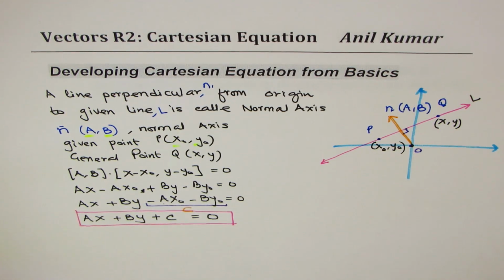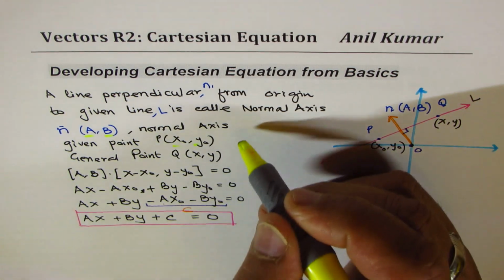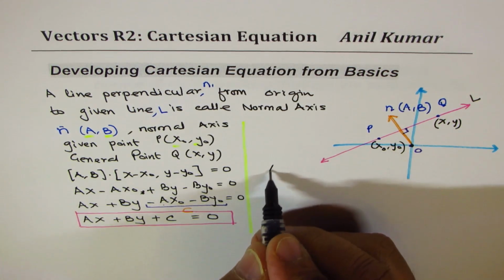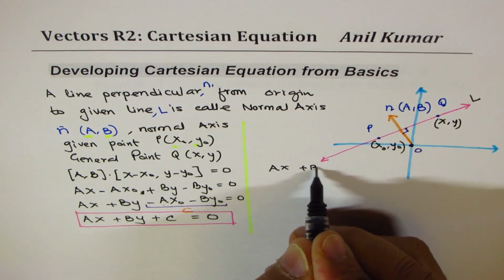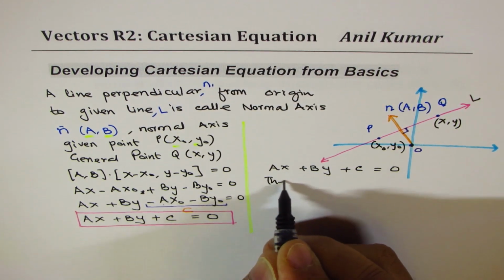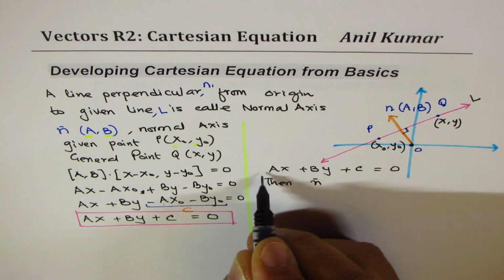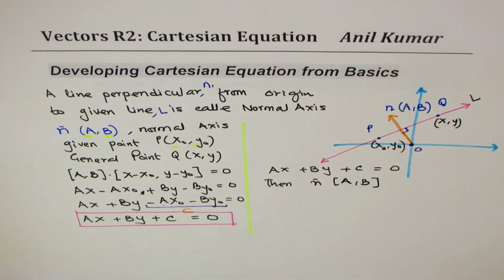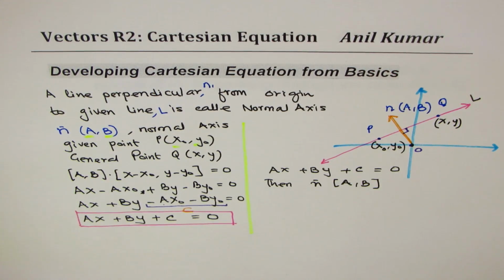Do you see that? So from here, we conclude that if we have a line Ax plus By plus C equals 0, then the normal vector to this line is AB, correct?